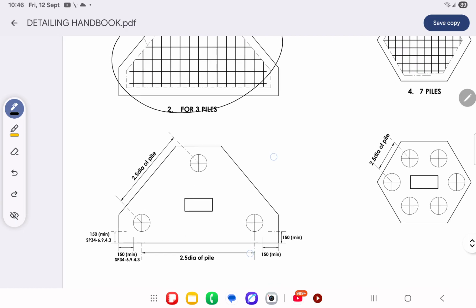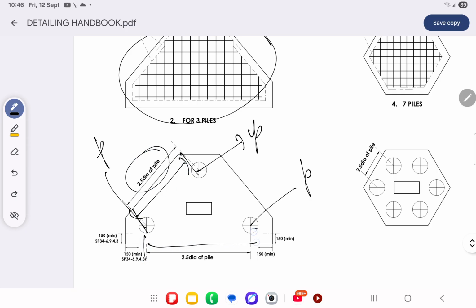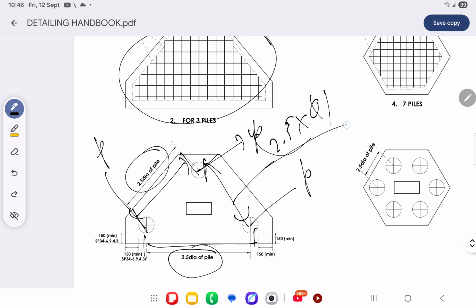In the case of 3 piles, this is a pile, this is a pile, and this is a pile. The distance between them should be how much? It should be 2.5 times the diameter of the pile. Here also the distance should be 2.5 times the diameter of the pile, and from here to here also 2.5 times the diameter of the pile we generally provide. And the minimum offset is 150 mm, 150 mm you can see here.